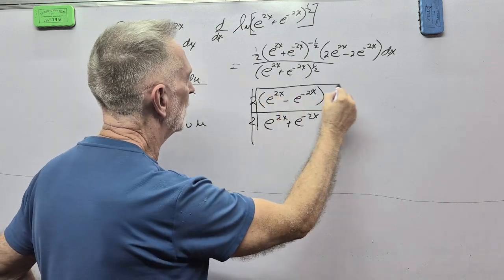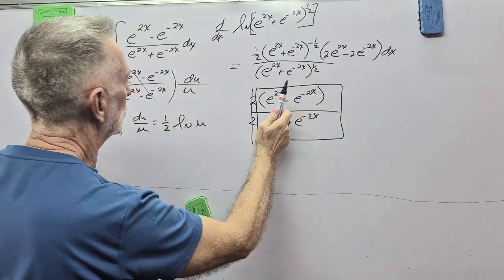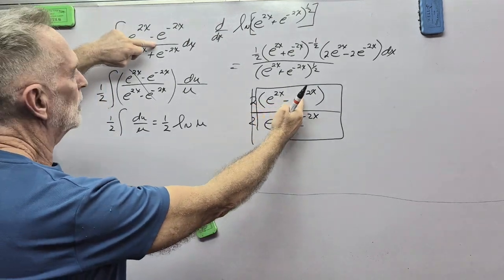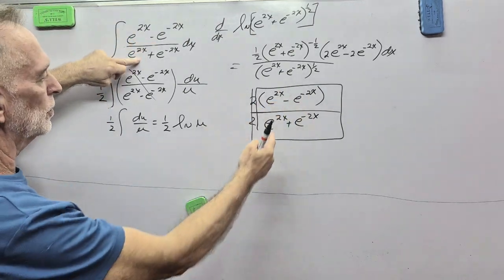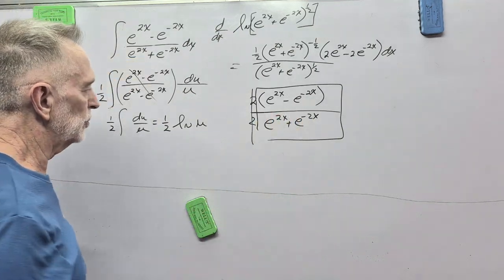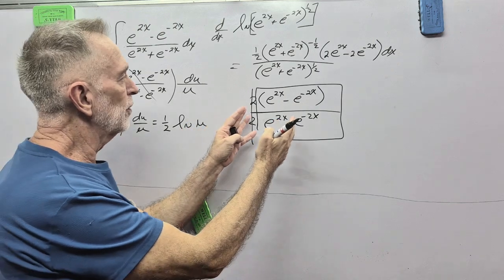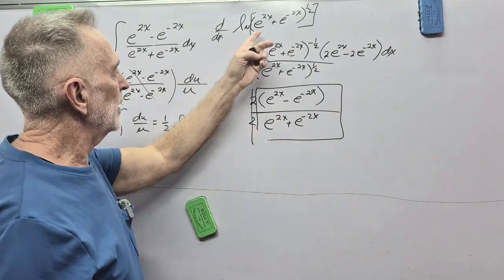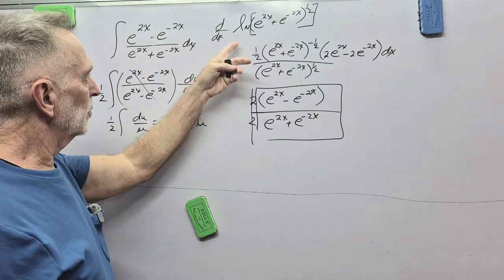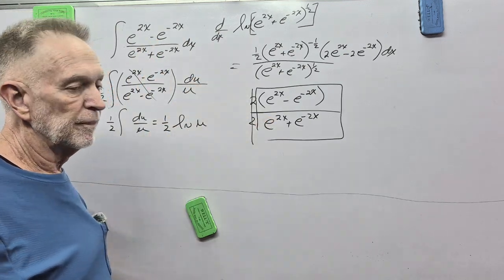So that should look like this: e to the 2x minus e to the minus 2x, over e to the 2x plus e to the minus 2x. So we've confirmed that the answer we had gotten earlier is in fact correct.